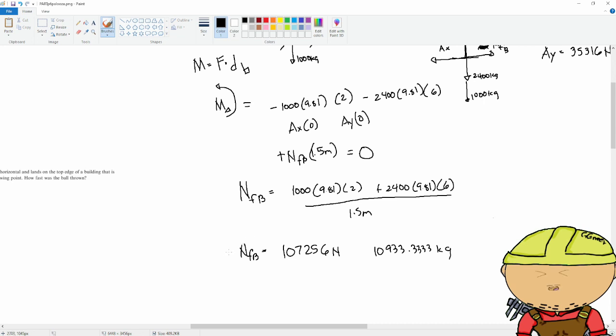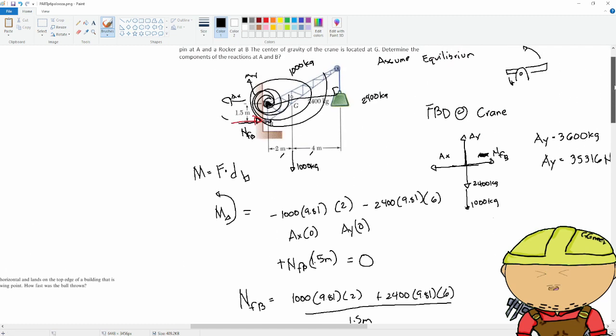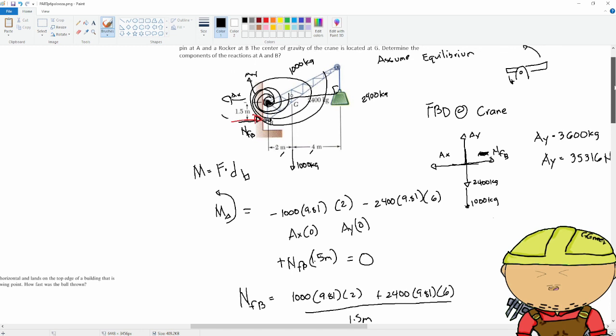If you take a moment at B, AX will be equal to B, just in a different direction. AX is going to the left, NFB is going to the right, and AY is going upward. Okay, and I could say that this is the answer.